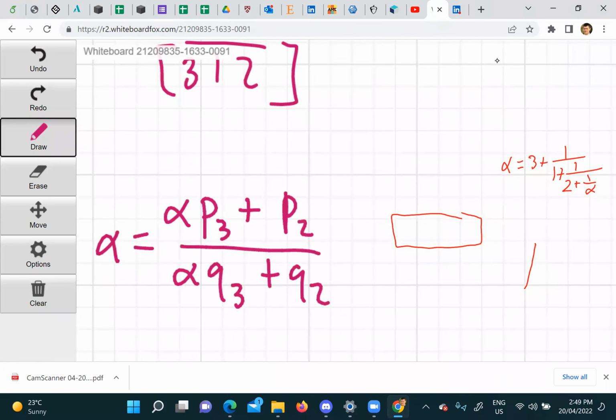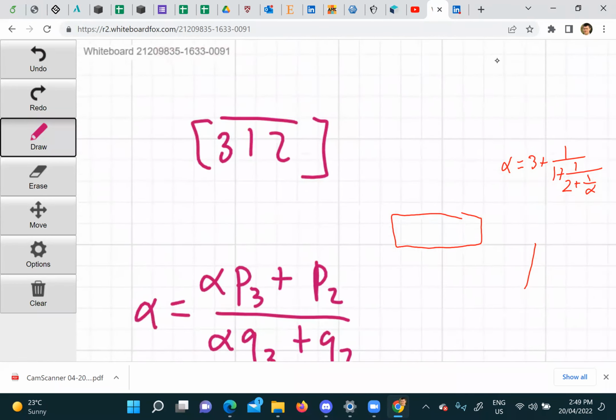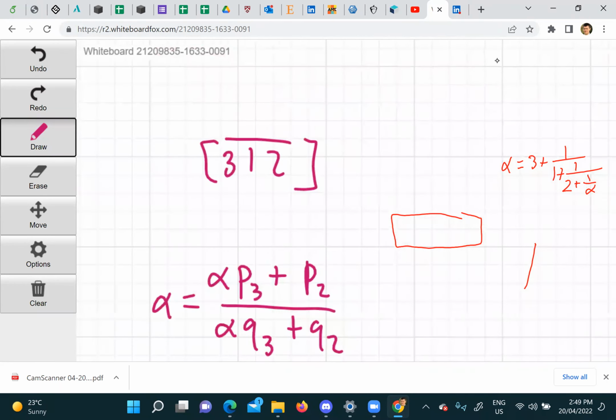How do we find out P3 and P2? Well, let's just expand this. So there's actually a recurrence that helps, but we could do it all the way, just for the sake of it.